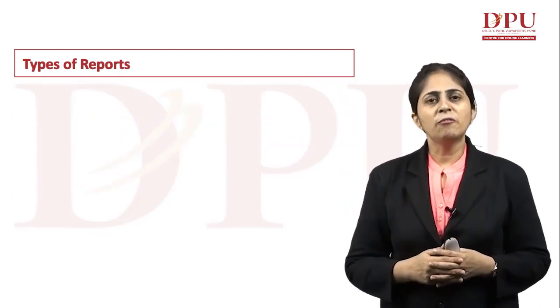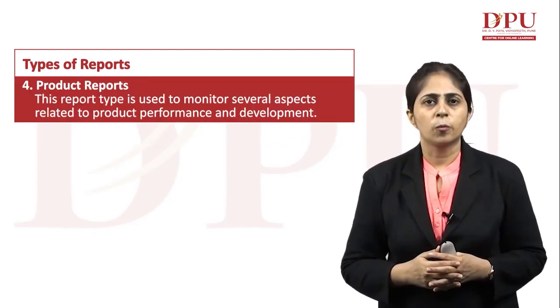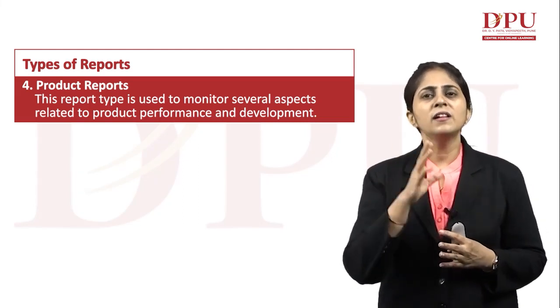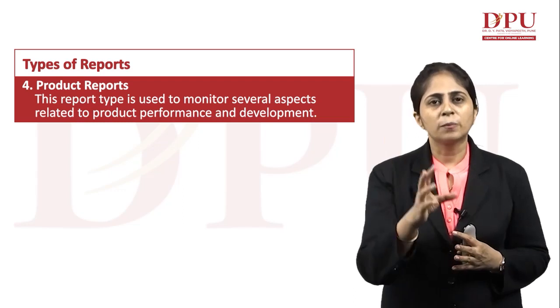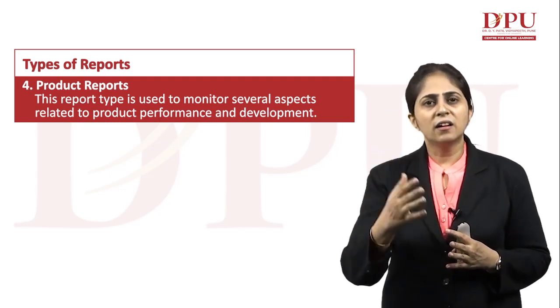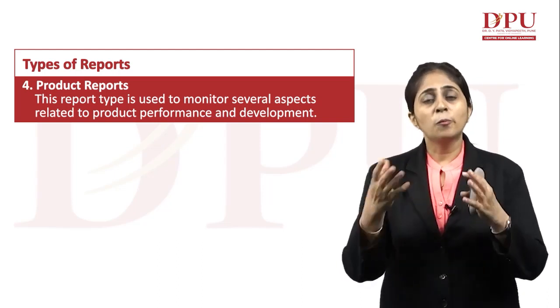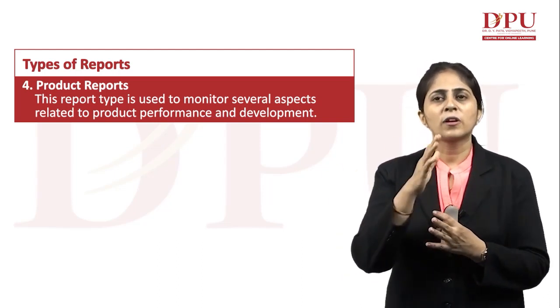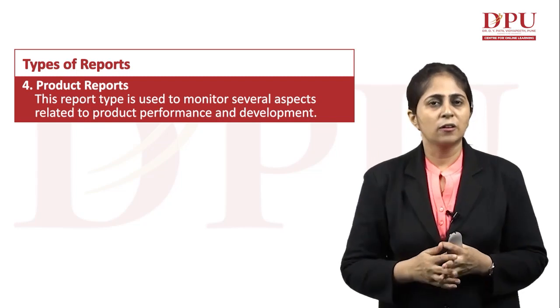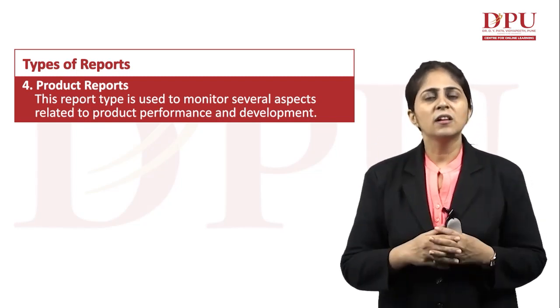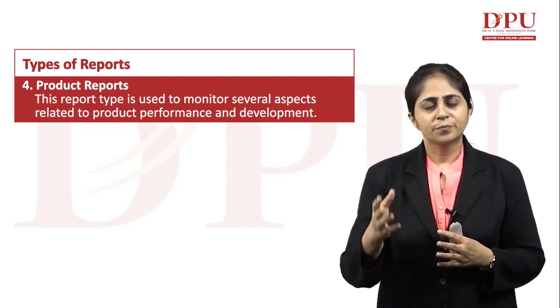So the next type of report that we can have is the product report. This report type is used to monitor the several aspects related to product performance and development. If we want to analyze a product, we want to monitor the several aspects of the product performance and the development of that particular product. That kind of report that is generated is known as a product report.